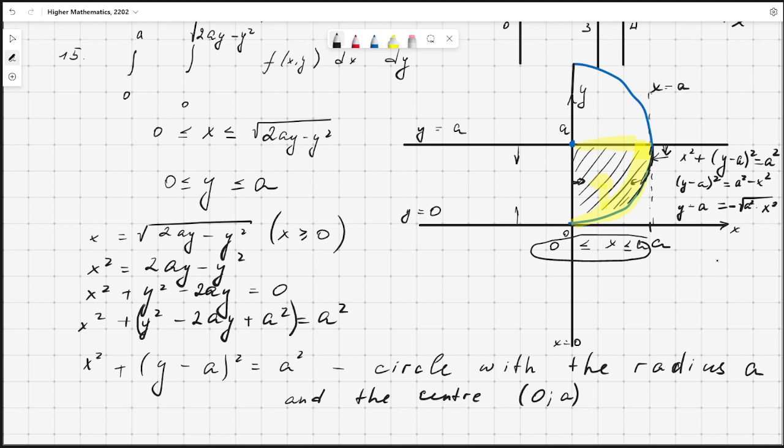It means y is a minus square root of a squared minus x squared. And y changes from this curve, a minus square root of a squared minus x squared, to the line y is a.